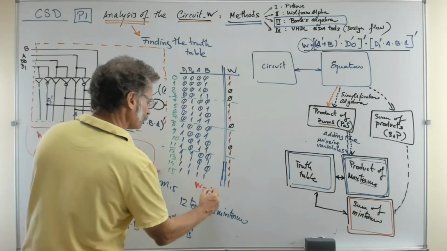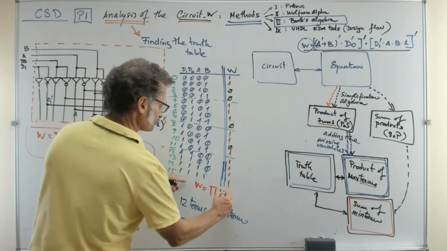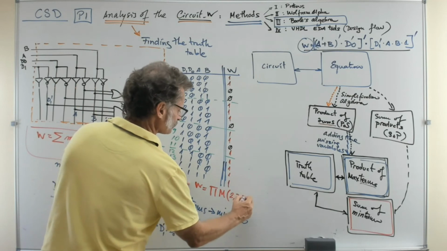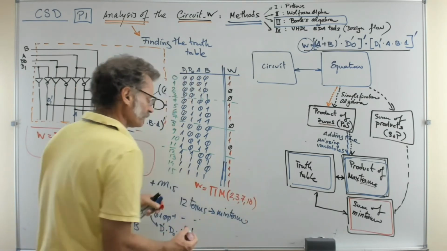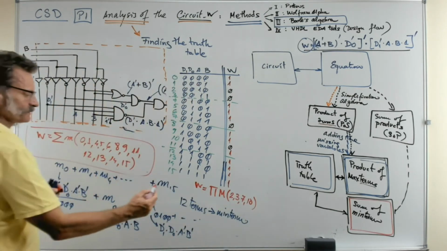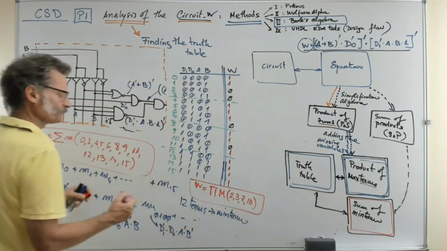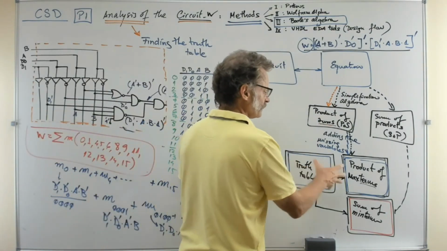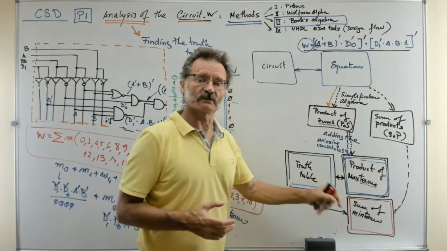W is also the product of the maxterms, the 2, the 3, the 7 and the 10. So what is not a minterm is a maxterm. So those are the solutions of the analysis in whatever way, as the truth table, as a product of maxterms, or as a sum of minterms.